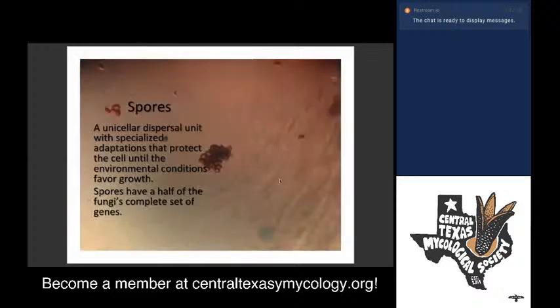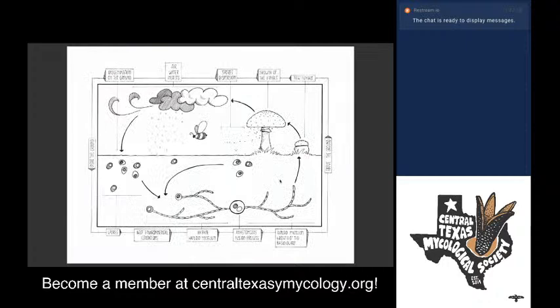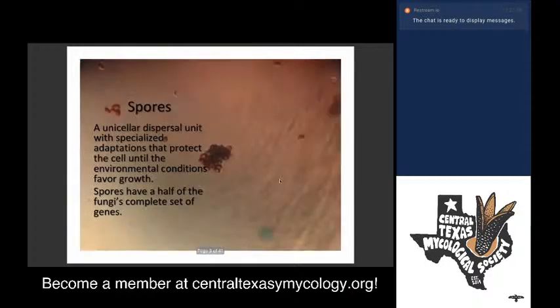So spores are a unicellular unit with specialized adaptations to protect the cell from environmental conditions until conditions favor growth. They are kind of like the seed to a plant, if you will, and the mushroom is the apple. They have half of the fungus's genetic information in them.